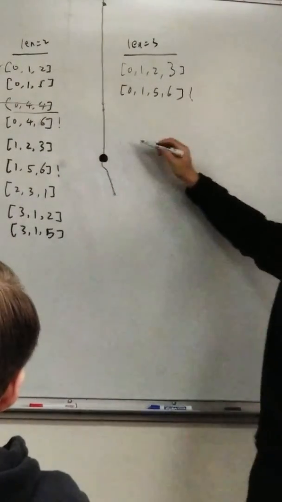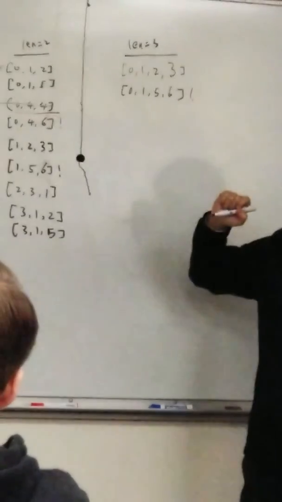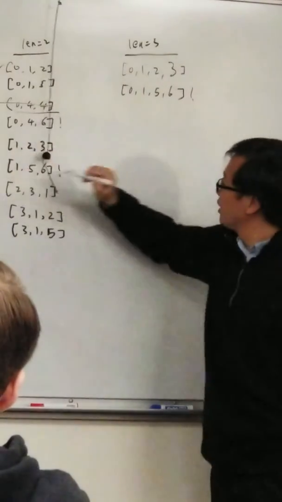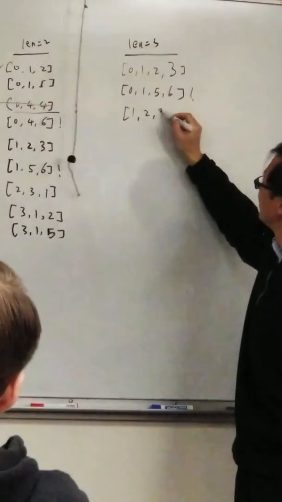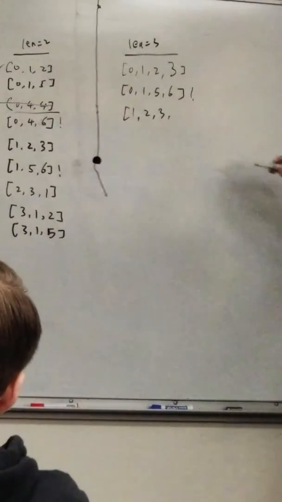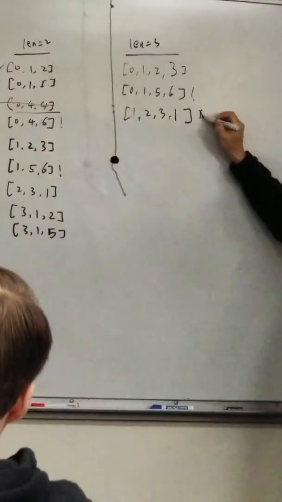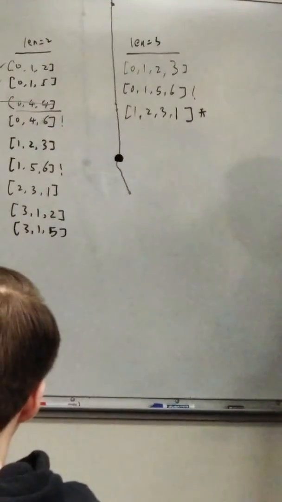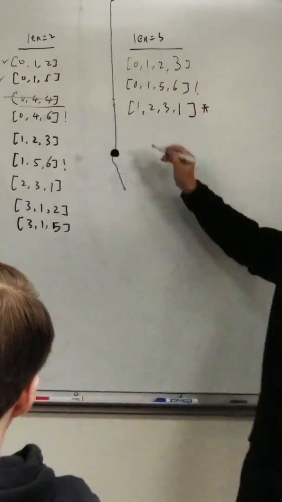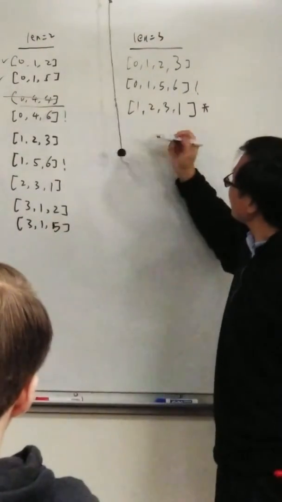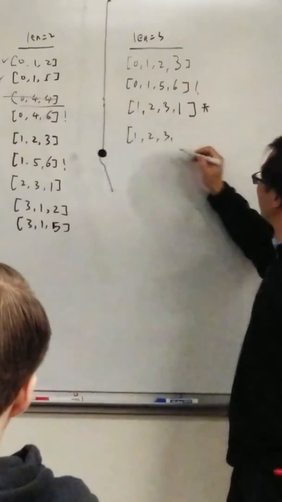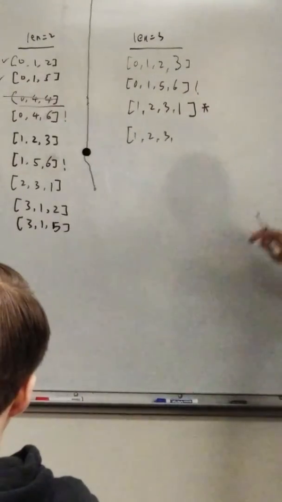I'm going to put an exclamation mark over there. This one cannot be extended. Go to 1, 2, 3. The only extension is 1, and this is a loop. I'm going to put a stop over there so that I don't have to extend next time. 1, 2, 3 already done.